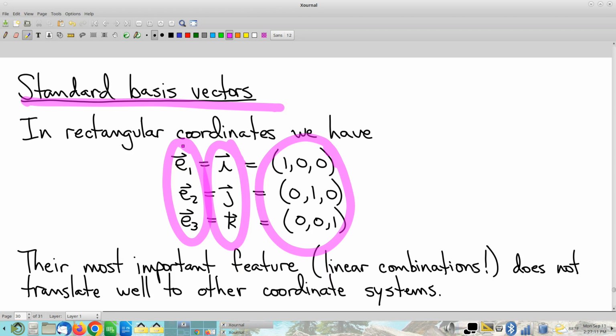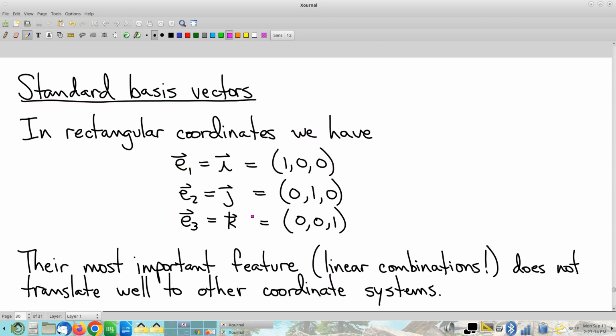And again, keep in mind, you cannot just assume that everything's going to be in 3 dimensions. Right? Easy examples are the economics problems that we saw first day of class, a 6-dimensional problem. Right? So that's out there. Anyway, these are the rectangular standard basis vectors.